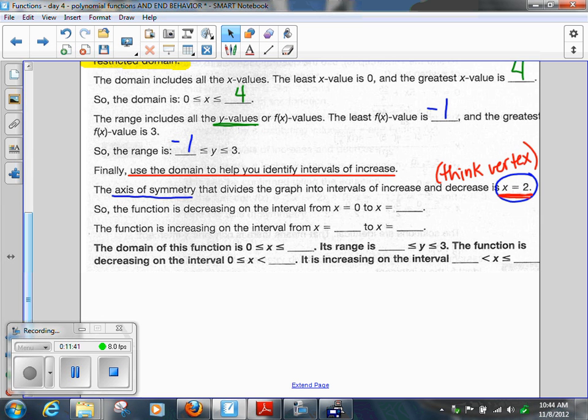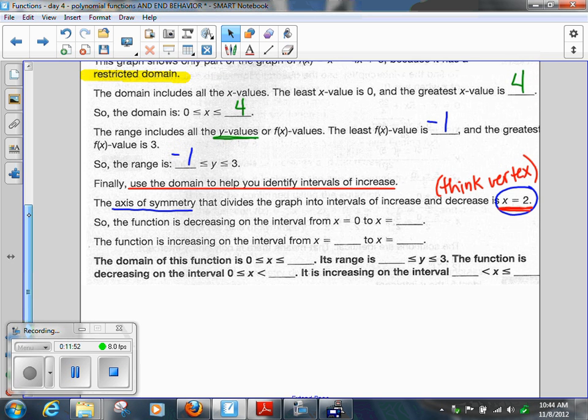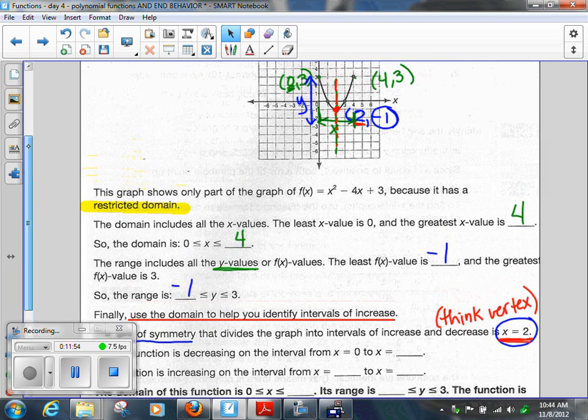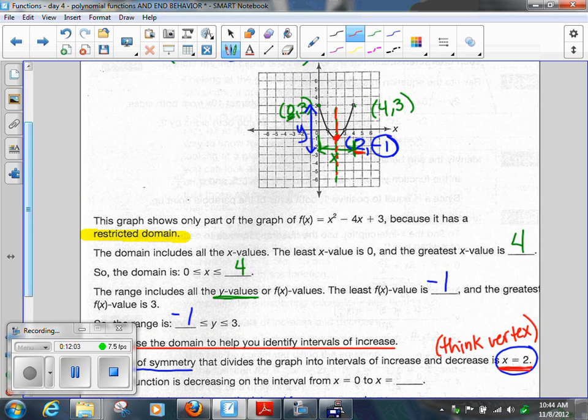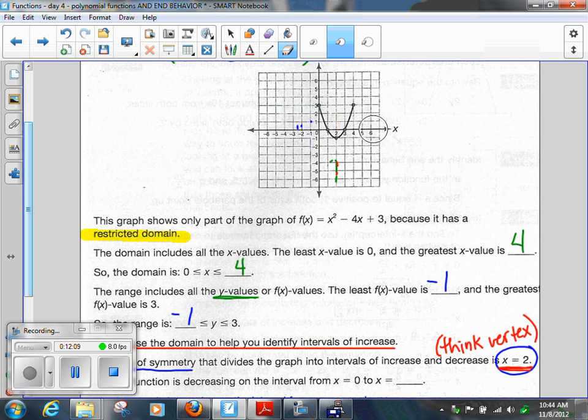Now, let's keep looking at this. If you look at your picture, folks, and remember we're looking at functions like we're reading a book from left to right, it says the function is decreasing on the interval from x equals 0 to x equals blank. Let me erase this so you can see it.